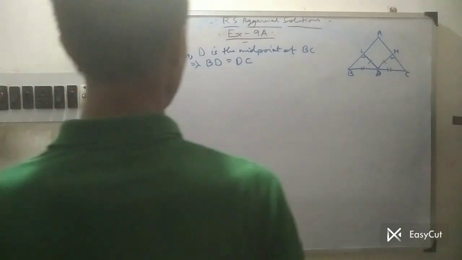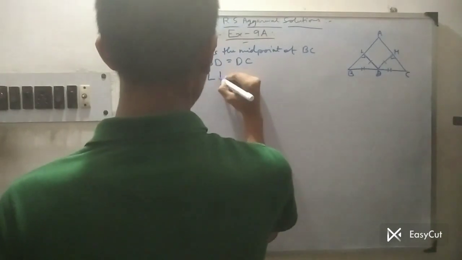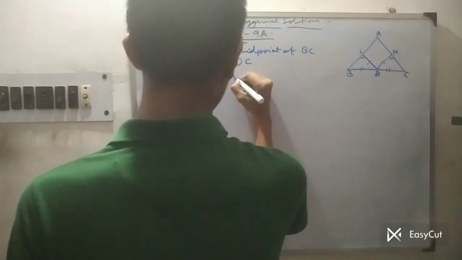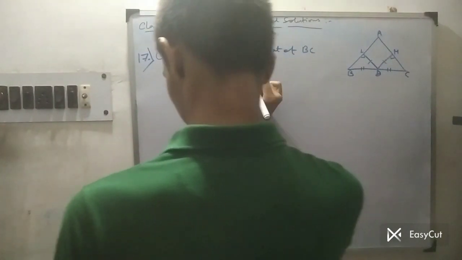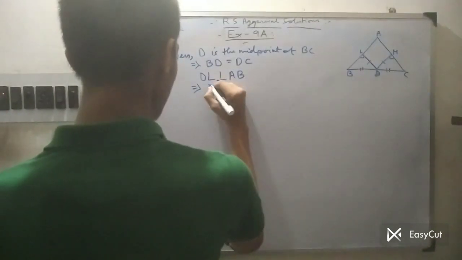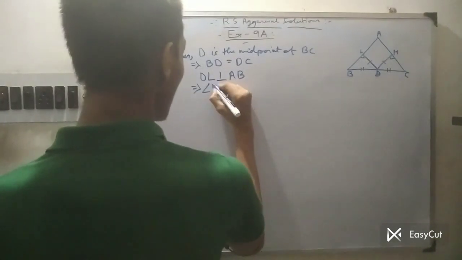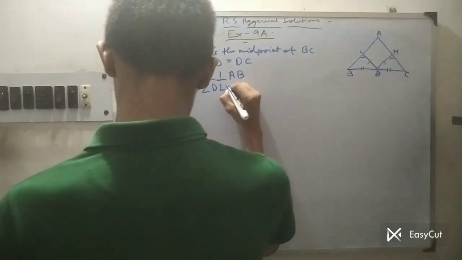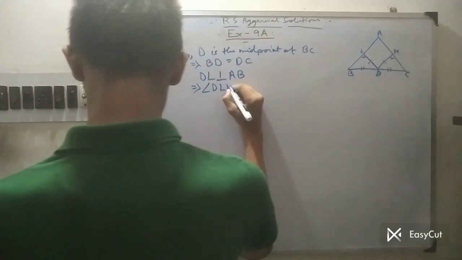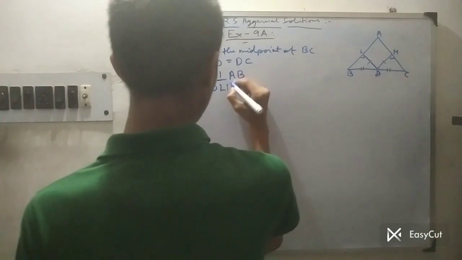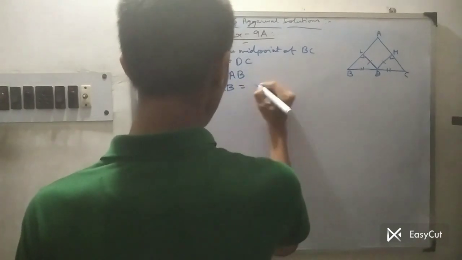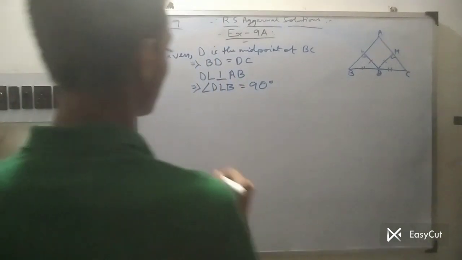And the next thing which is given to us is that DL is perpendicular to AB. That means angle DLB is equal to 90 degrees.